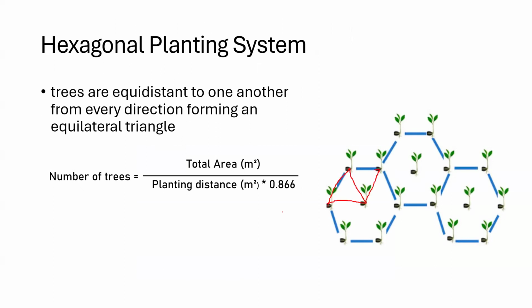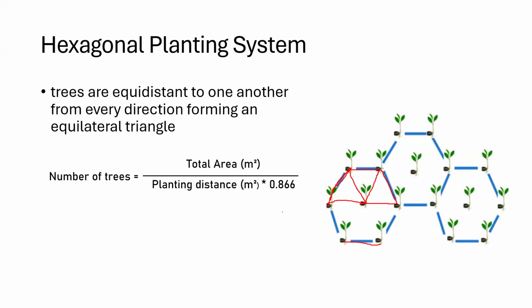Triangle rin yan. And equilateral, meaning same length ng sides. Then hexagonal since 6 sides and 6 corners. 1, 2, 3, 4, 5, 6.